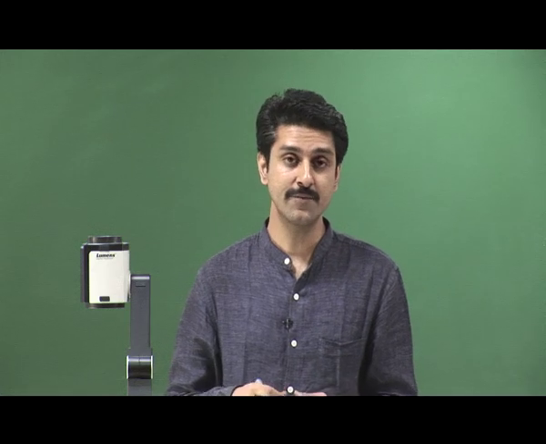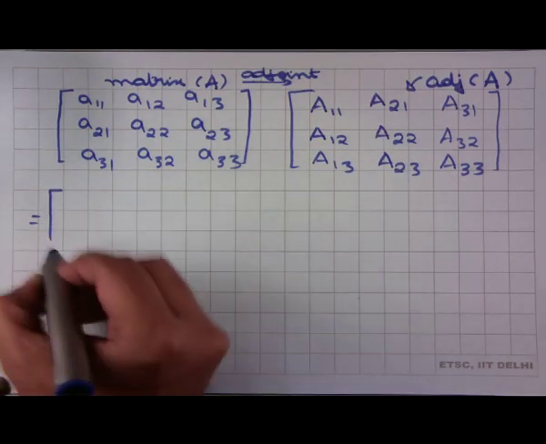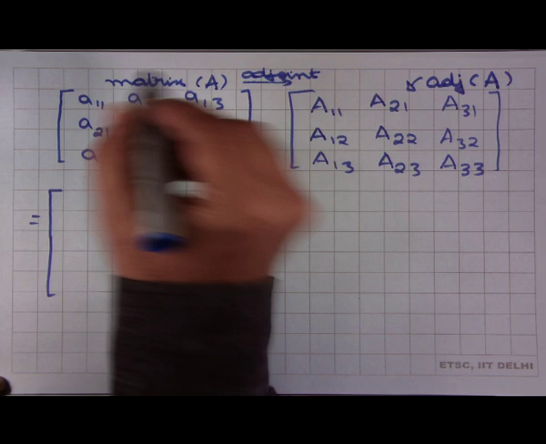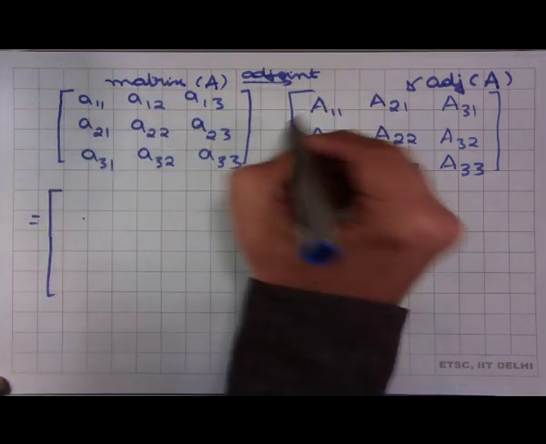All right. So, here is a matrix, here is its adjoint. Now, to understand the idea behind coming up with this adjoint, let us just calculate some terms of their matrix product. And this will be using these properties of what happens when you sum the product of a row with the cofactors of a different row, right. So, let us take a look at this. What would be the first term in this matrix product?